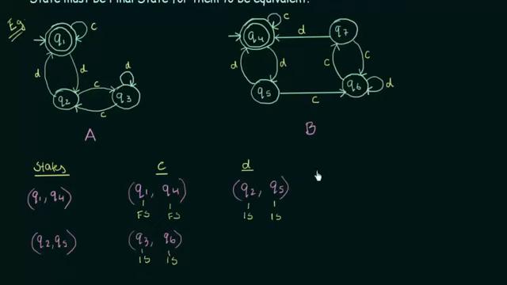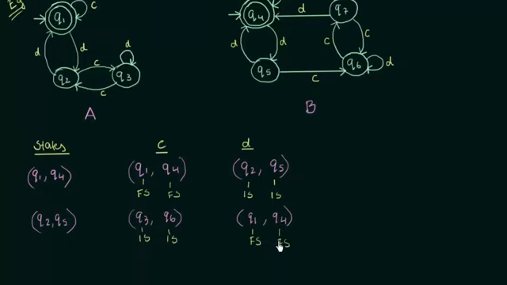Let's do the same thing for input D. Q2 on input D goes to Q1, and Q5 on input D goes to Q4. Q1 and Q4 both are final states. So here we again get pairs which are the same, either both intermediate or both final states. So far they are equivalent.